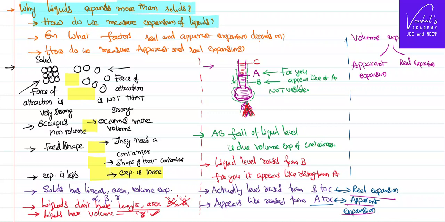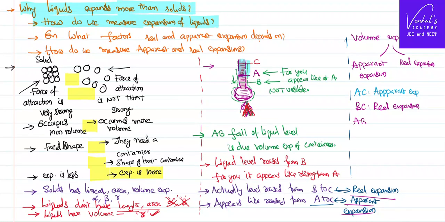So in our diagram, if you notice carefully, AC is how it appears for you, representing apparent expansion of a liquid. But actually it is rising from B to C. So you can say BC is the real expansion of the liquid.